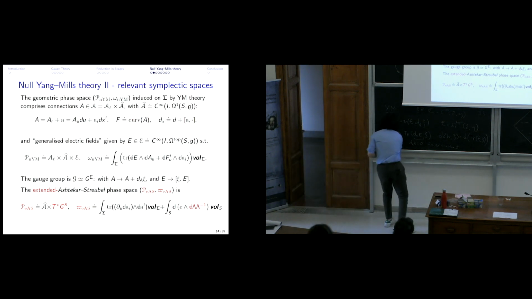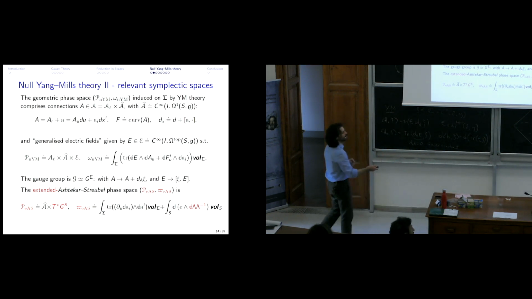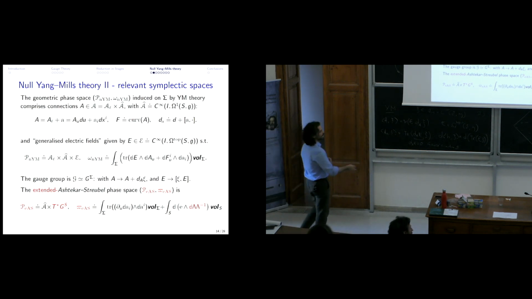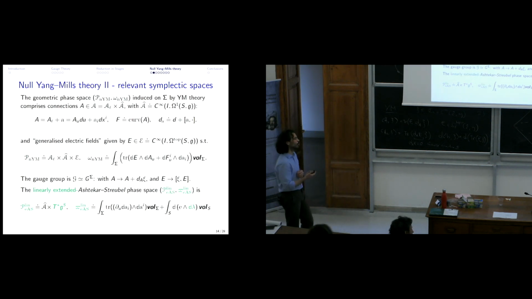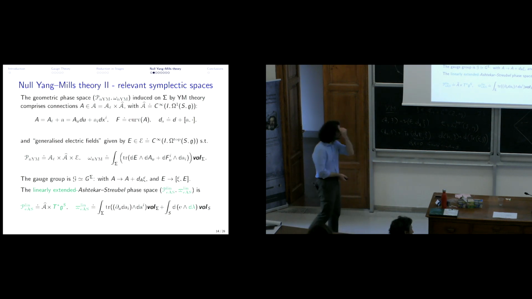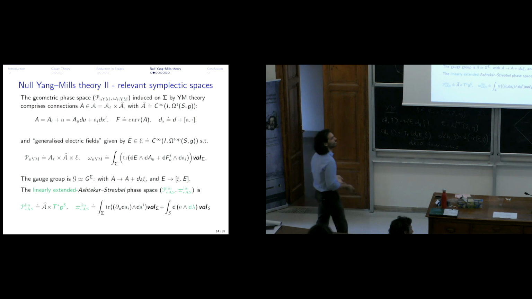So this is S, this is S, and sigma is S cross I. Okay, so you take one copy of the boundary sphere and take maps into G. Cotangent bundle, this is a symplectic manifold. You can extend this in this way, or you can do it linearly by taking the Lie algebra instead. Okay, so in this setup, we have several symplectic spaces. Which is the correct one?